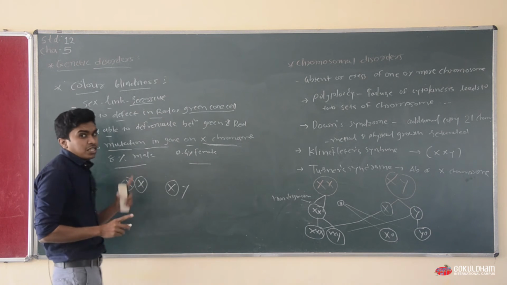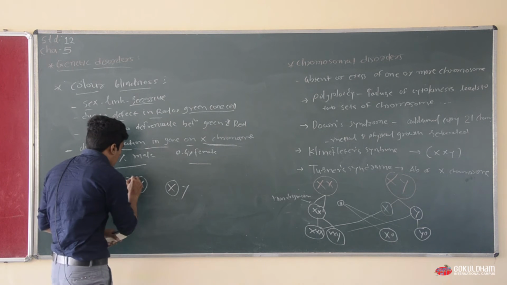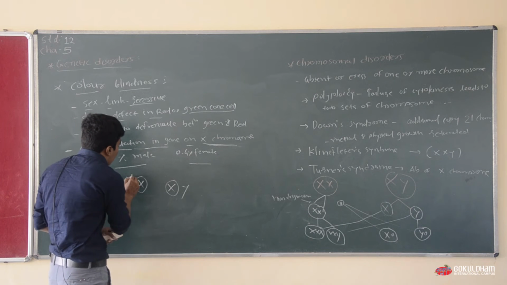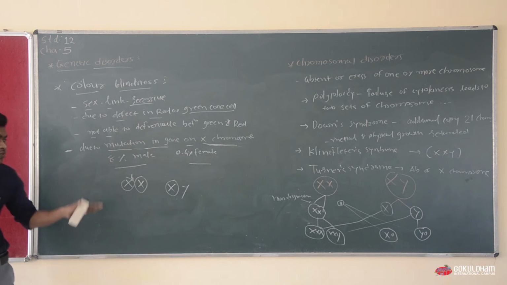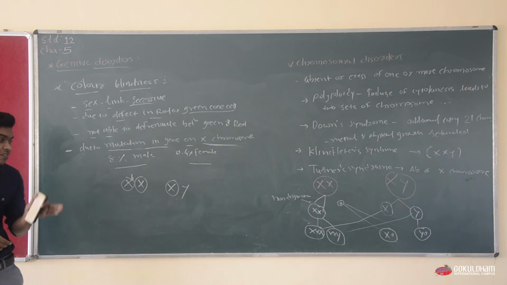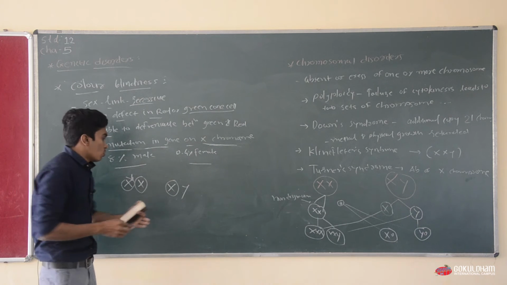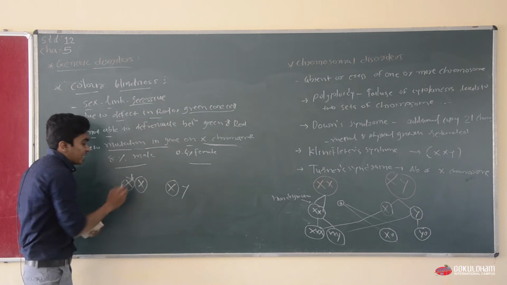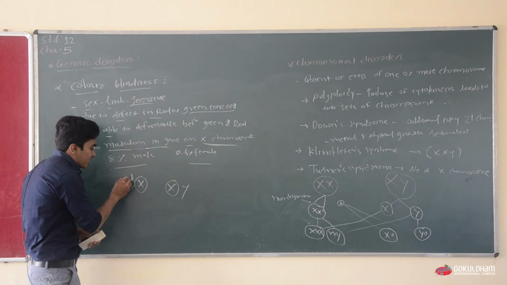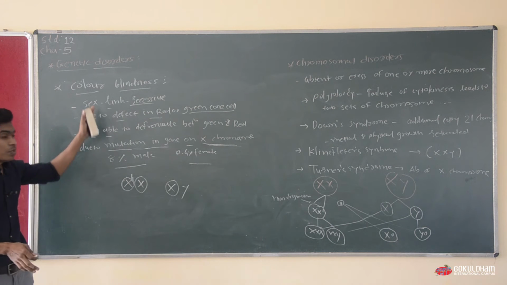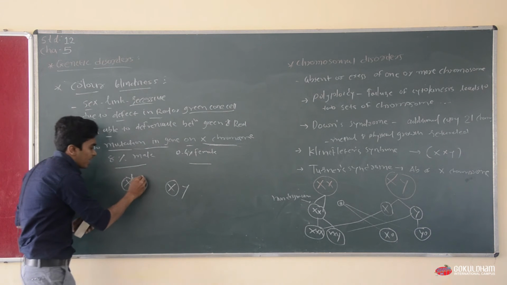So when the female has one allele for a particular disease, that female will not show the effect of the disease, or we can say blindness, but she is a carrier, which carries the gene or allele for the particular disease.